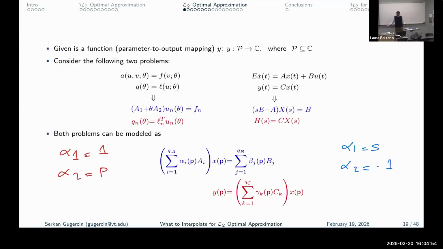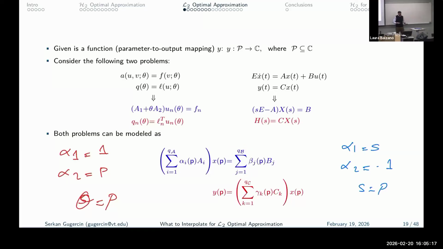Same thing. Okay, that's it. And then on the PDE side, I am choosing theta to be the parameter. On the ODE side, I am choosing frequency to be my parameter. And in this case, my right-hand side doesn't have any summation terms. So in both cases, Q_B is equal to 1, Q_C is equal to 1.